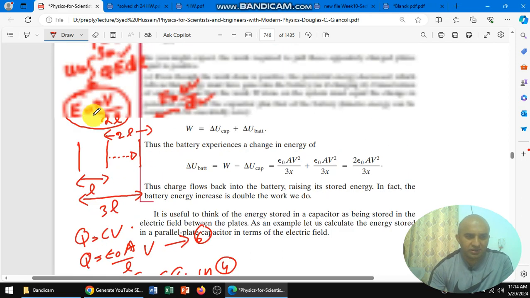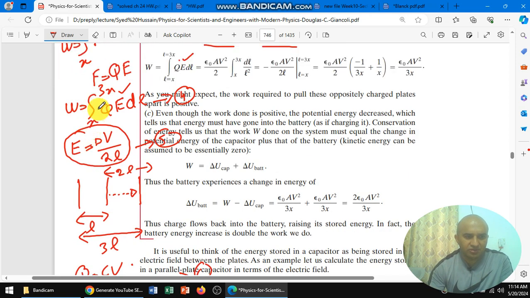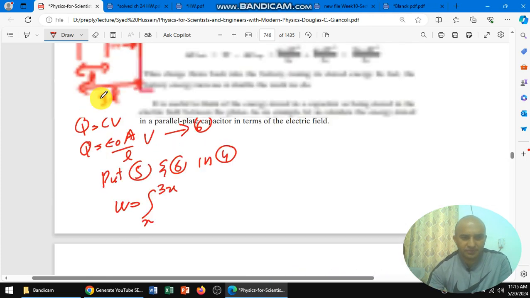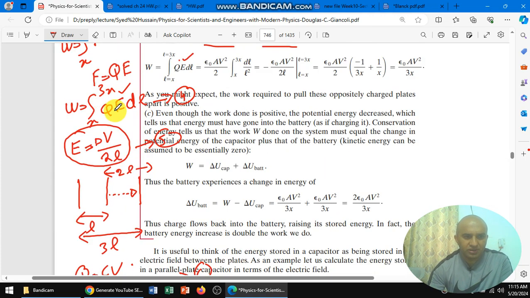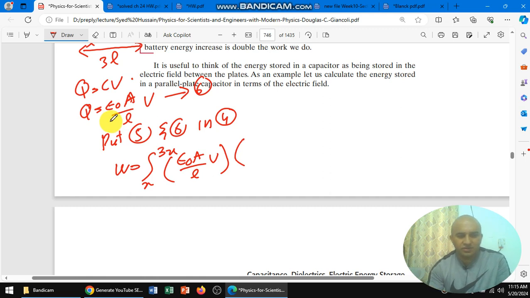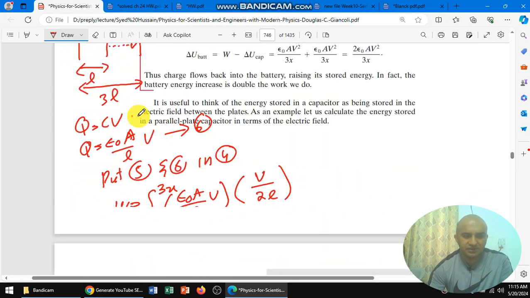So we are left with W is equal to the integral from x to 3x of QE dl, where Q is epsilon naught A over L into V, and E is V over 2L.